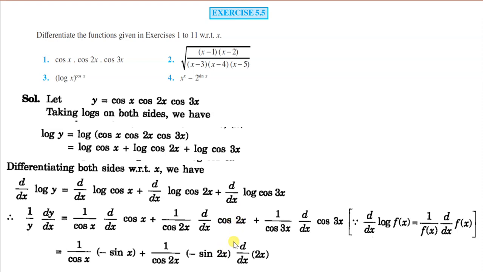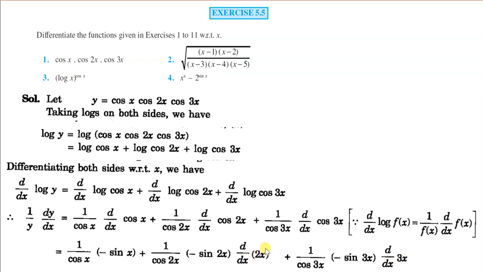Again here we have used the chain rule, because here it is a function of x, not simply x. And similarly in the third term, the derivative of cos 3x is minus sin 3x multiplied by d/dx of 3x.